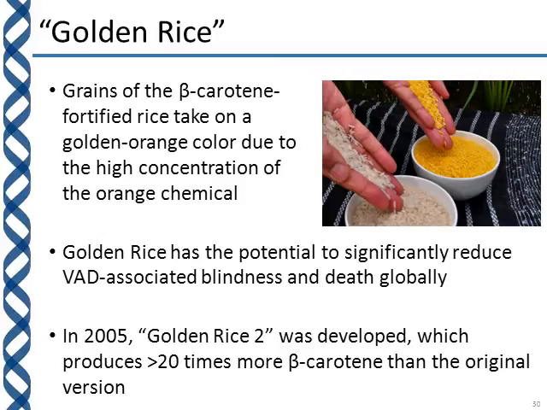The golden rice has the potential to significantly reduce vitamin A deficiency associated blindness and death globally. In 2005, golden rice 2 was developed, which produces more than 20 times more beta carotene than the original version.